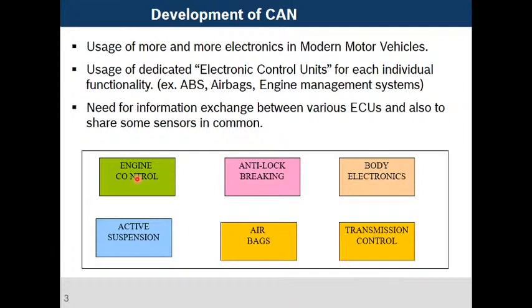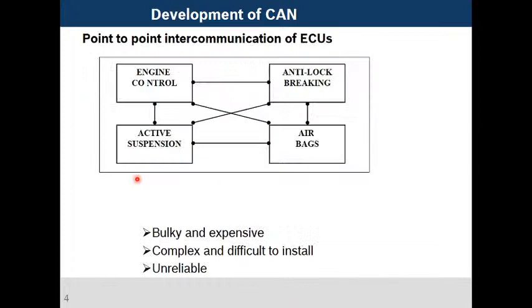How they communicate with each other: if you do point-to-point communication from an ECU, like giving data from engine control to airbags, it would be much more complicated. If you see the disadvantages, the system will be bulky.